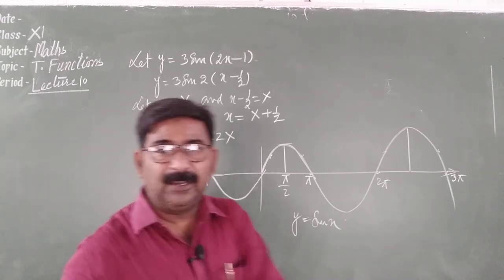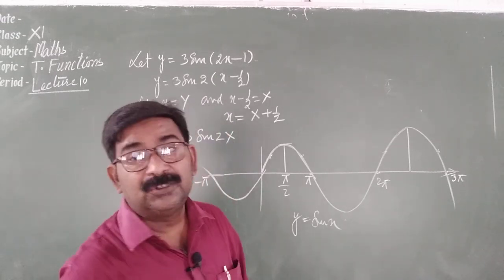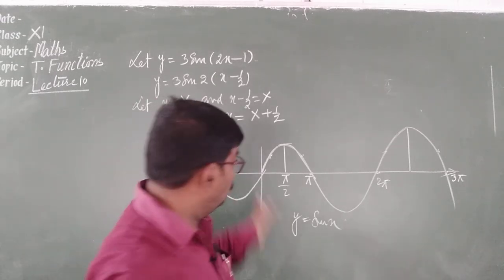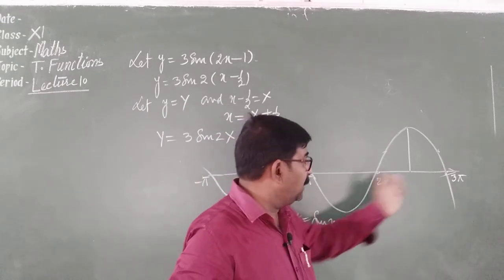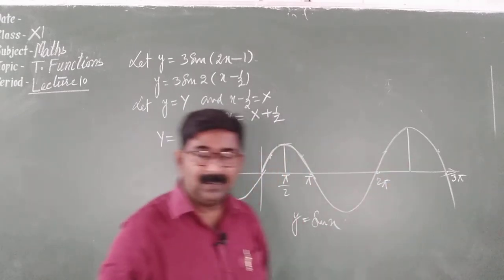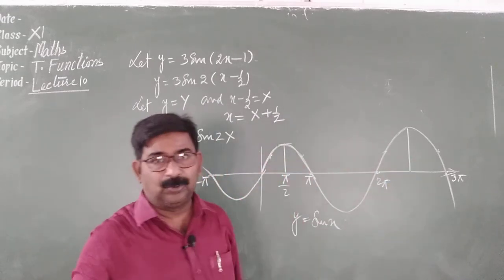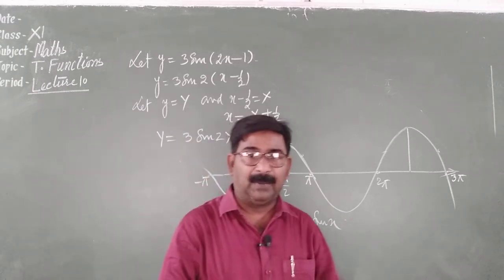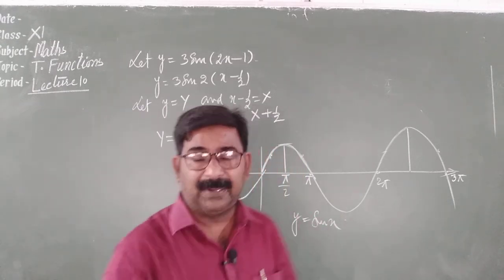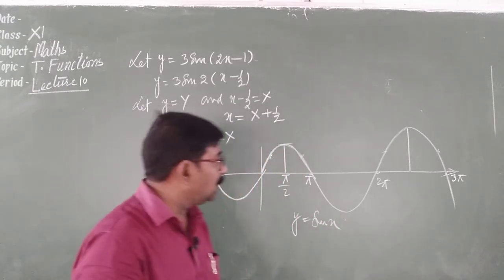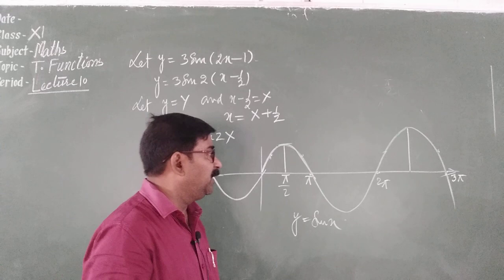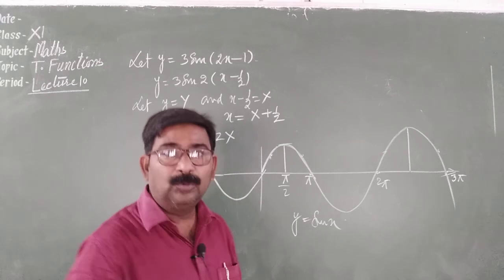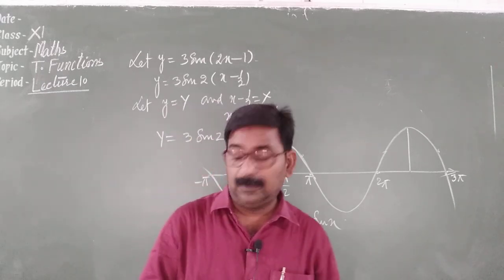So these values are called general values. So we can say at n pi it is 0, means at 1 pi, 2 pi, 3 pi, n is an integer, minus 1 pi, minus 2 pi, minus 3 pi. So these are the situations when we have the general value and the principal value.